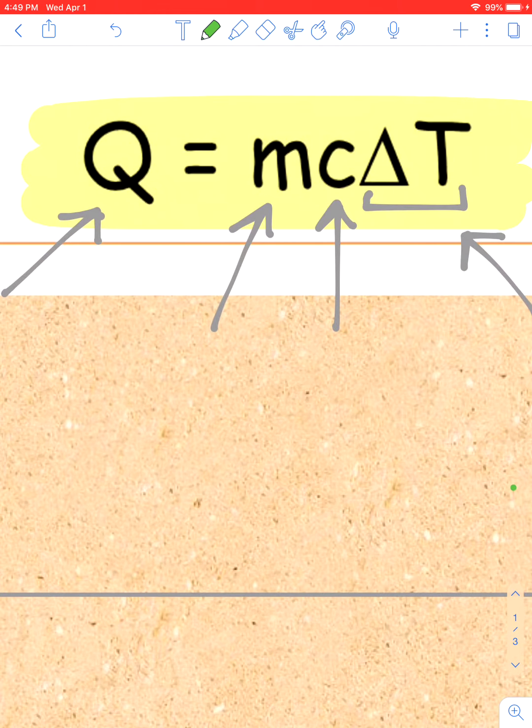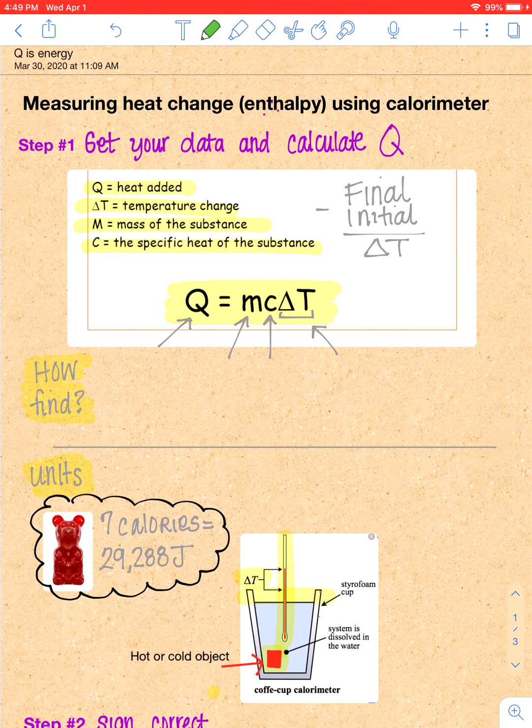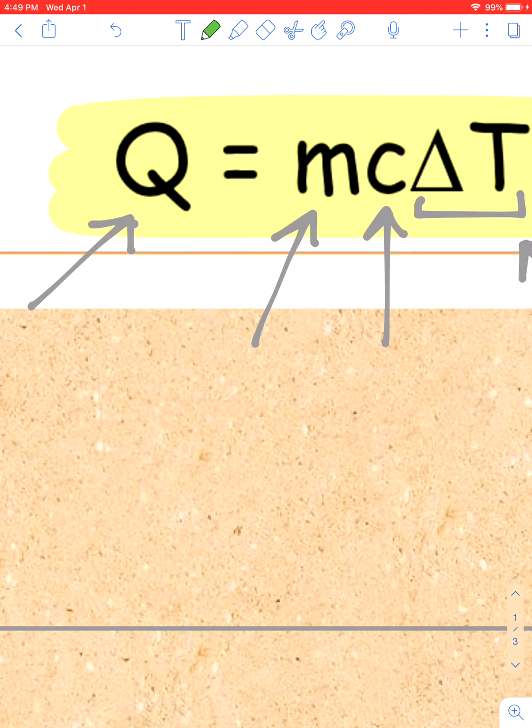So M, as you see above, is a measure of mass of the substance. Because we are concerned about the temperature change of the water, we're kind of seeing this whole thing through the eyes of the water. We want our M, our C, and our delta T all to be for the water. So how do we find the mass of water? Well, pretty simple.